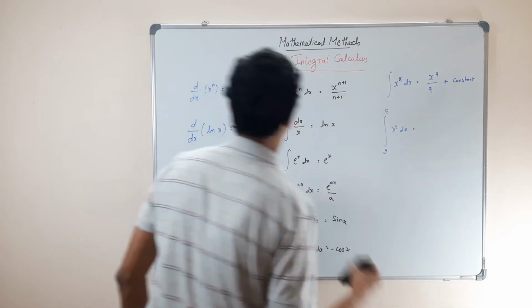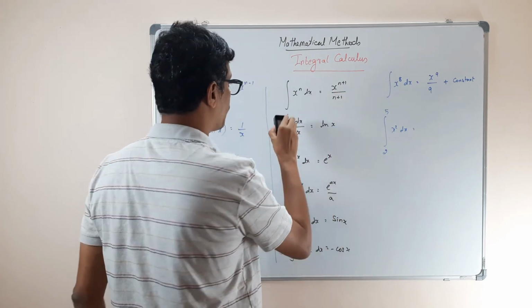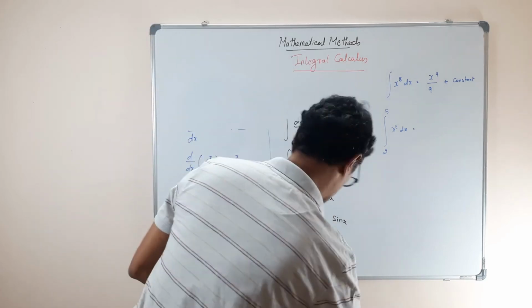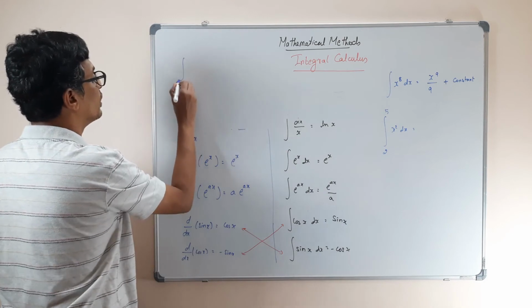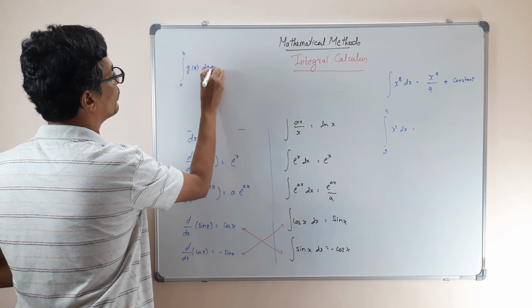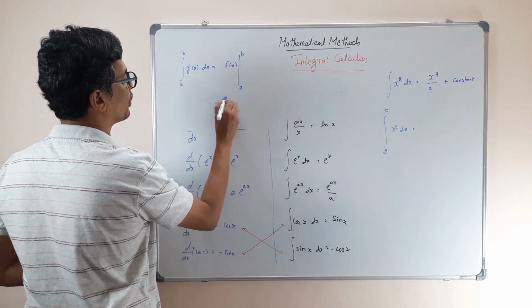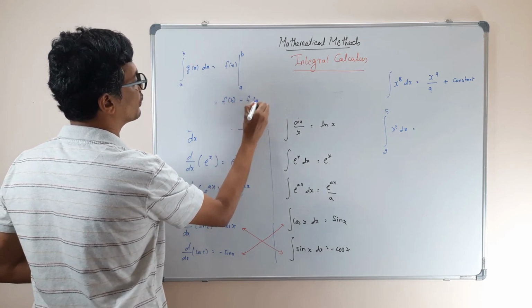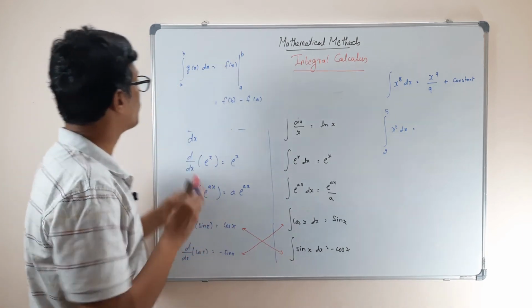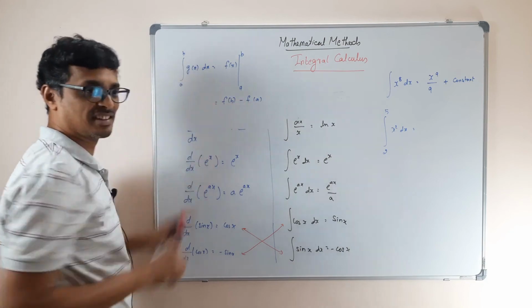If you remember, the integral from a to b of g of x dx will be F of x from a to b, that equals F of b minus F of a. So you have to basically do the integration and then apply the limits.